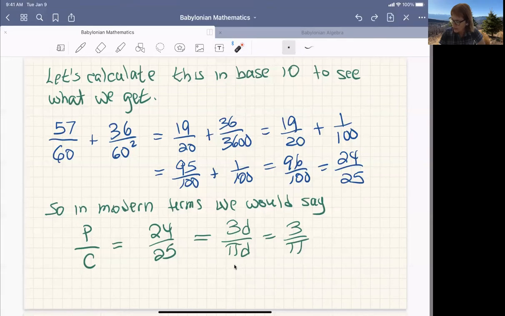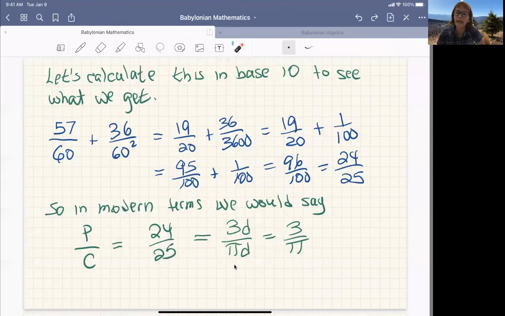And then remember that the formula for the perimeter was 3d. The formula for the circumference was pi d. There's a common factor of d in the numerator and denominator. I'm going to divide that out. So that means that the perimeter divided by the circumference, which is 24 over 25, is equal to 3 divided by pi.